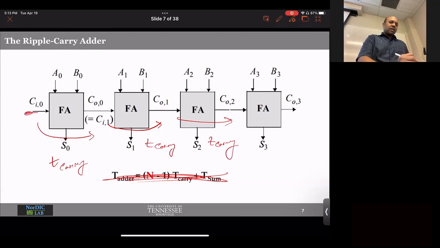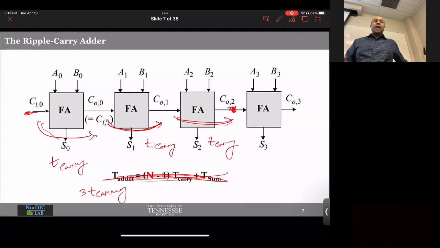So imagine starting from this point to the other point, how much delay will I have to incur? 1 T carry, 2 T carry, 3 T carries. So can I write 3 T carries to reach this stage? Can I say that? And then, by the way, we are defining the delay as the time it takes to get the final sum.